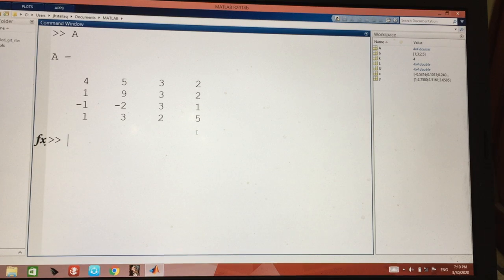Okay. Now what we want to do is to first eliminate all the elements in this column. We want to make these zeros, okay, and we keep the first row. So how to do that? Simply, we keep the first row as it is, A11, A12, A13, and A14. So we keep this row 4, 5, 3, 2 as it is, okay?